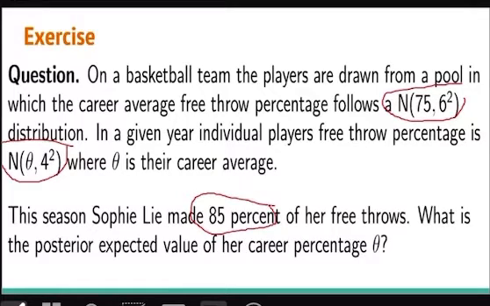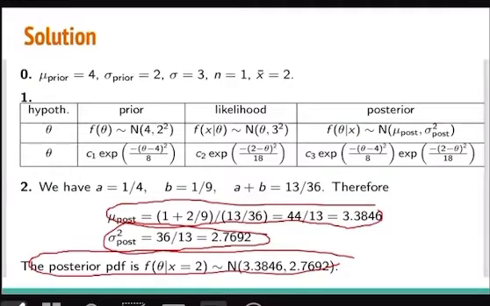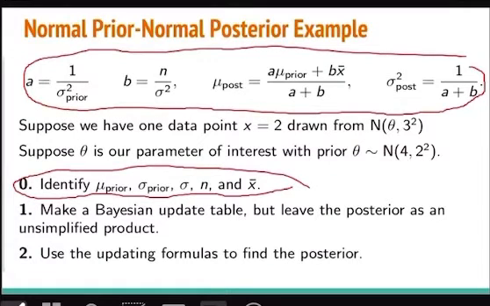Watch out. What is very important is this. As far as normal prior, normal likelihood, and normal posterior is concerned, the moment you understand that, super cool.